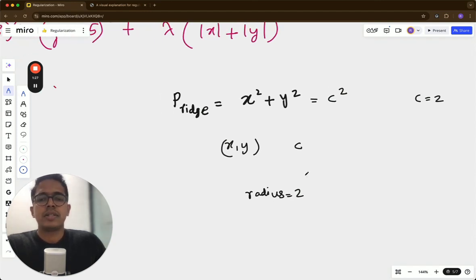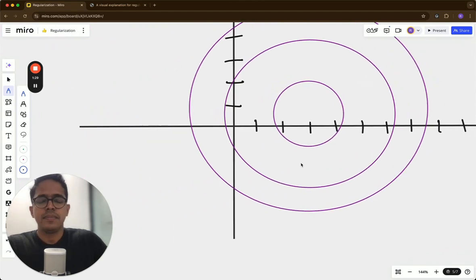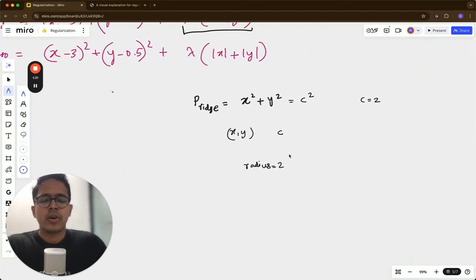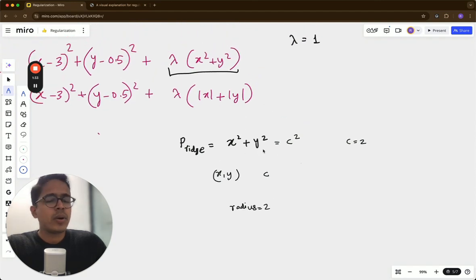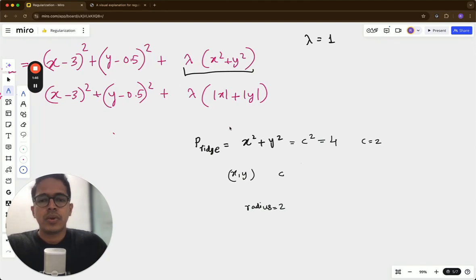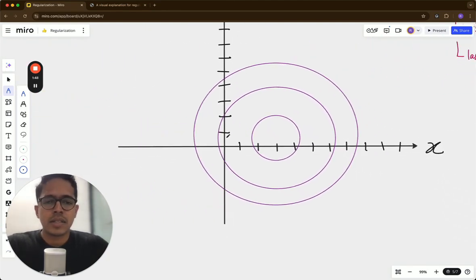So let us draw a circle like that here. And where is this circle located, by the way? This circle is located at the origin, because if x square plus y square equal to c square, which is equal to 4, you have a circle concentric at origin, and it should be having a radius of 2. So let me draw the circle here.